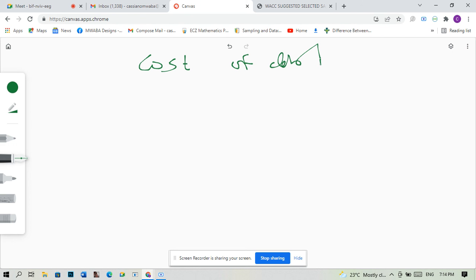So remember, this debt is redeemable. So to calculate the cost of debt, we're going to use the internal rate of return.